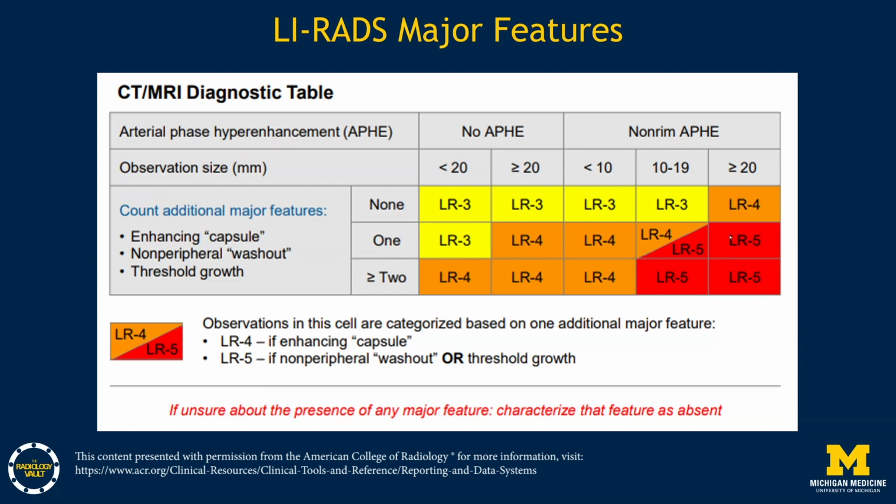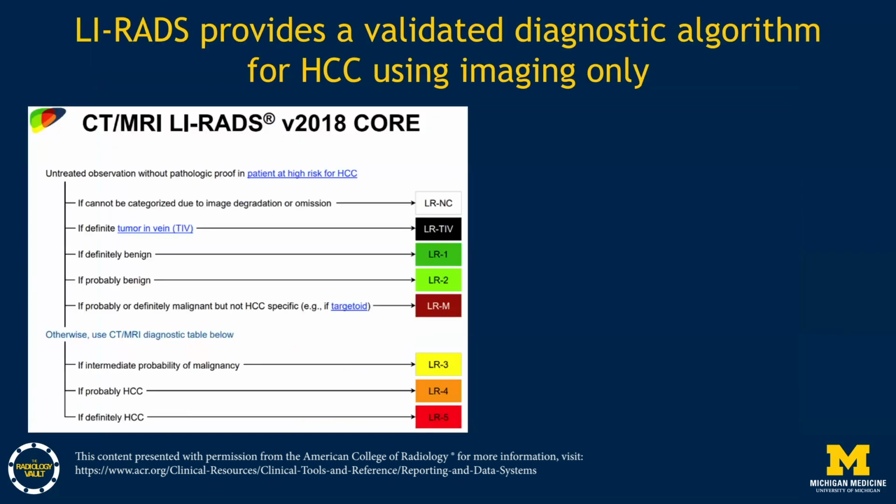There are some additional ancillary features which we are not going to be talking about in detail, but will be covered in this case-based lecture. You can see here that it's a step-by-step algorithm where if the image quality is degraded, it will be called an LR-NC. If there is tumor in vein, we will categorize as such.